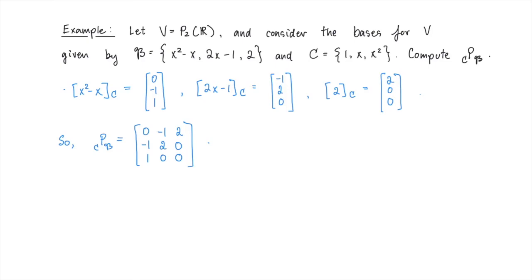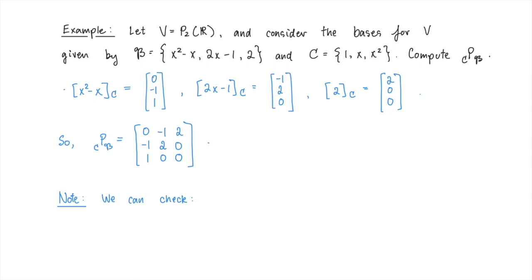Putting these columns next to each other in the right order gives us the change of basis matrix given there. As I mentioned earlier, when you're doing these kinds of calculations, the order of the elements in the basis must remain fixed.